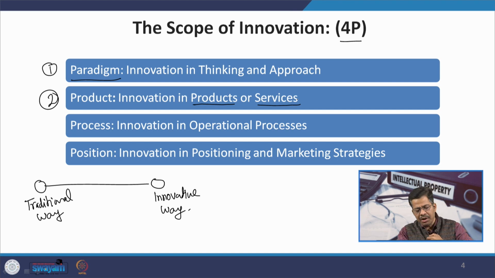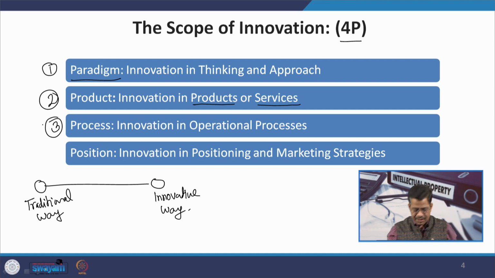So, whenever we are talking of innovation, we generally limit ourselves to this product innovation, because it is a visible type of innovation. You can easily see a new iPhone is coming to the market, new type of smart watch is coming to the market. So, we can very easily relate innovation with the products and services. So, I hope we all can easily understand it.